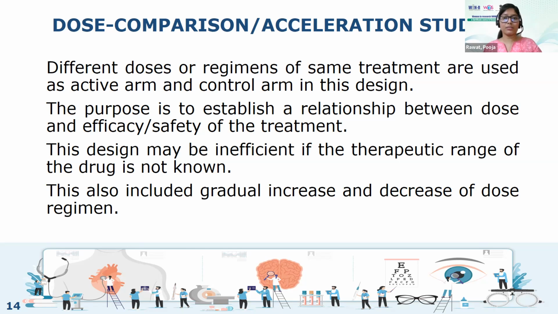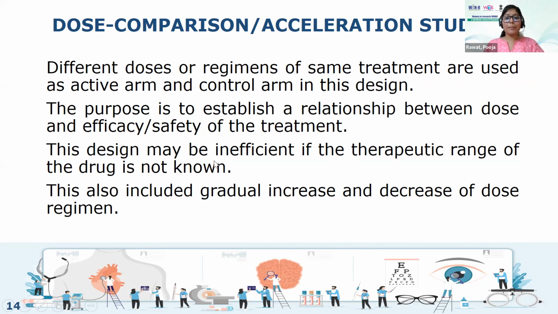Such acceleration and deacceleration, vice versa, also happens, depending upon the indication and the active ingredients, how it is working, right? So the different doses and regimens of the same treatment are used as the active arm and the control in this design. The purpose is to establish a relationship between dose and the efficacy and safety of the treatment.